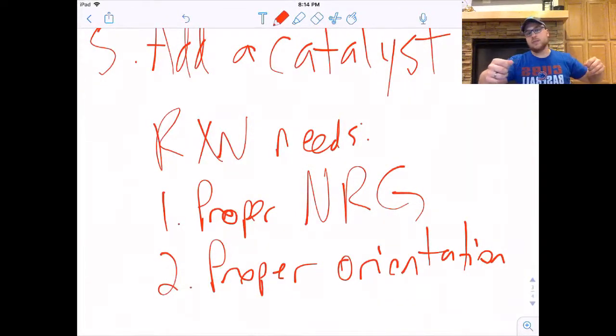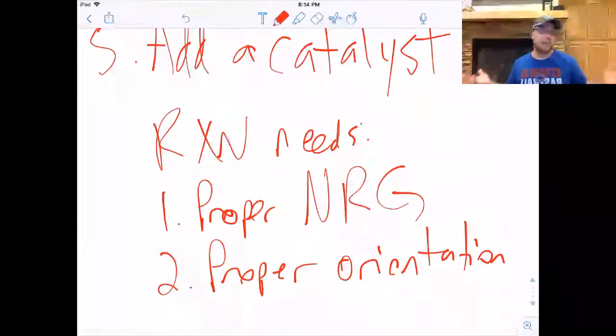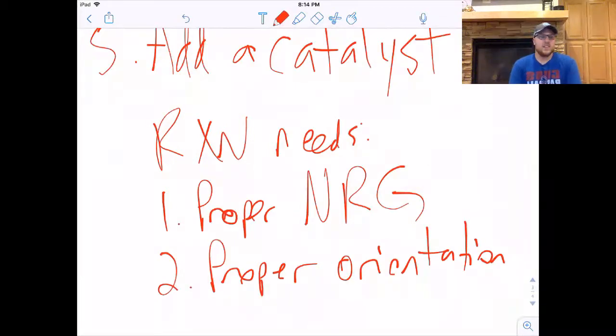It's like when you throw a water balloon too slow and you're really trying to hit this person, trying to embarrass them a little bit, and it just kind of bounces off and you feel so deflated, like, oh, that did nothing. That's what we mean by proper energy. You gotta really chuck these things at each other so they can hit and react.